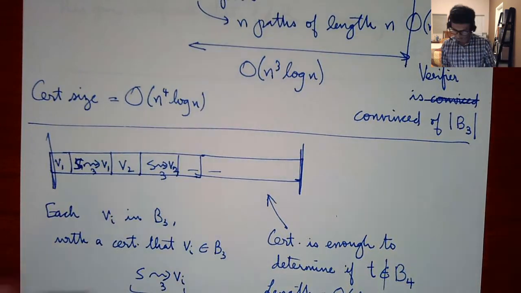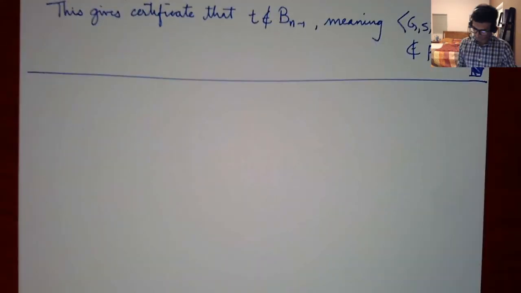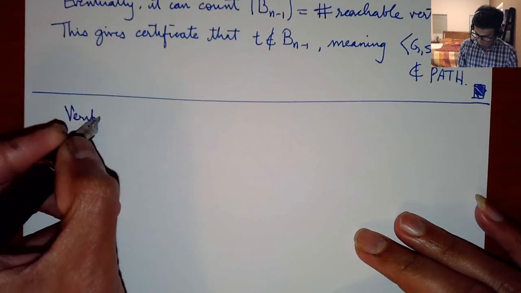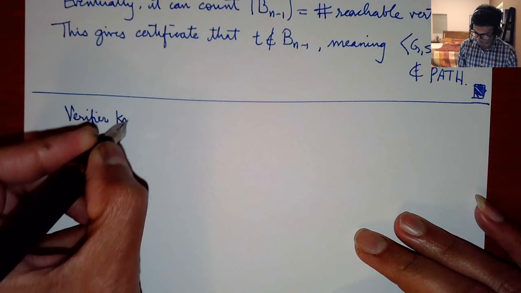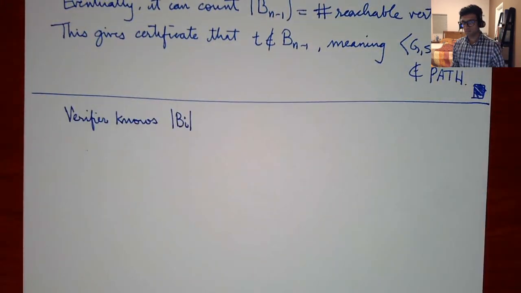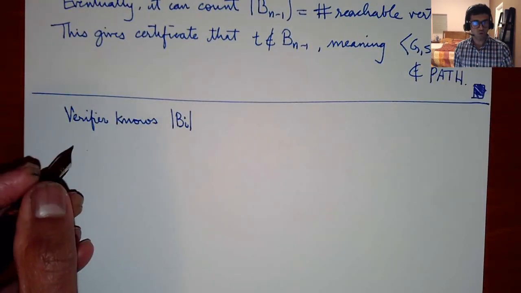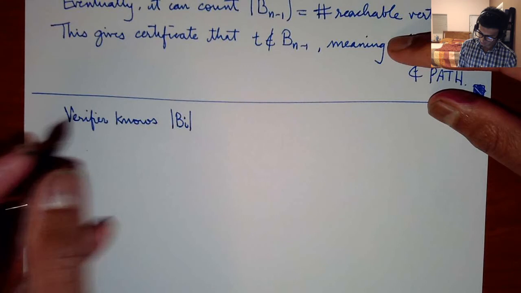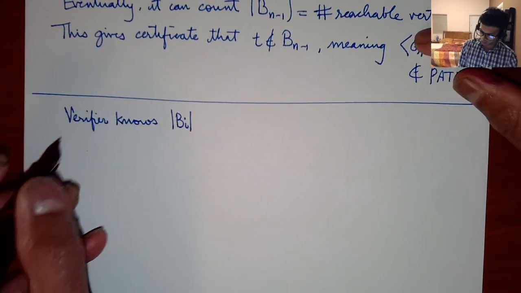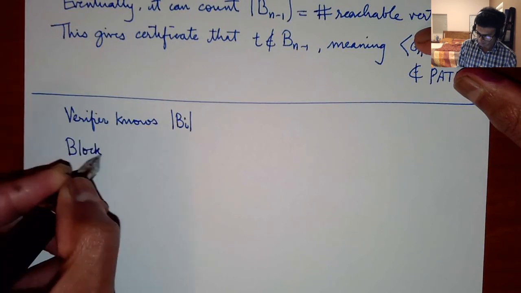Let me draw this again. I think this is a point of confusion. Let's say at some point the verifier knows BI. We're saying at some stage, inductively, it knows what BI is. Now what does it need? Let me draw out exactly what it has. I'll call it a block, a certificate block.